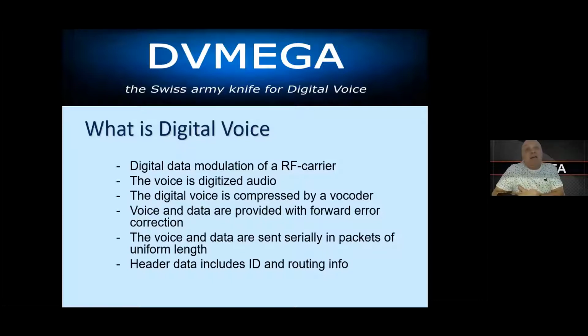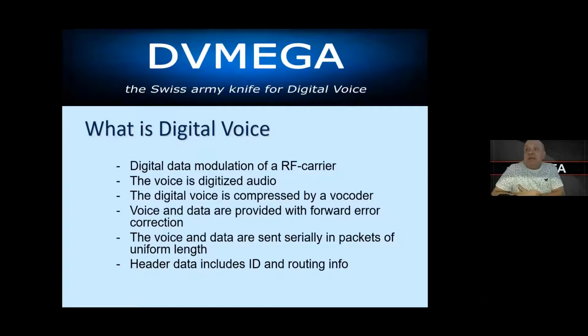In fact, you put the PCM on 128 kilobits in, and the vocoder, the MBE 3000, brings it down to approximately 3600. So that's quite a compression.